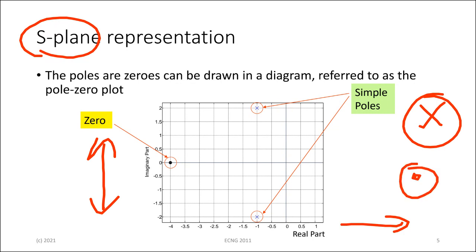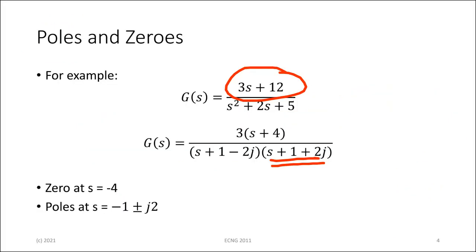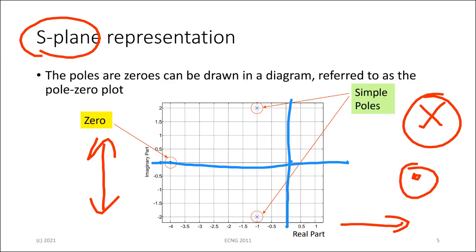So if you look at this thing, this is the origin here, the point 0, 0. So for that particular transfer function that we had before, you go across here and you see that I have two poles, one at minus 1 plus 2j and minus 1 minus 2j.